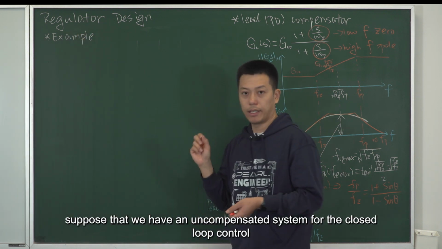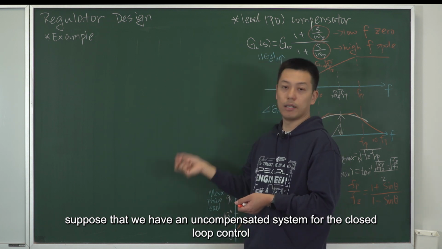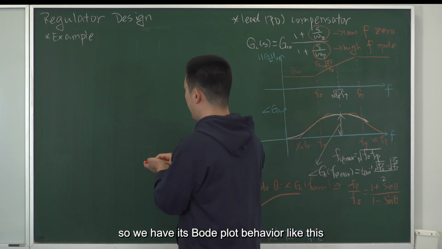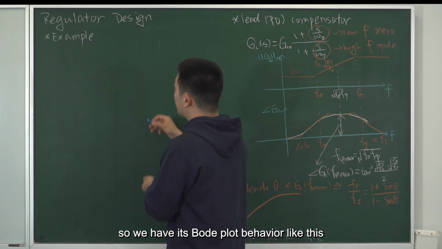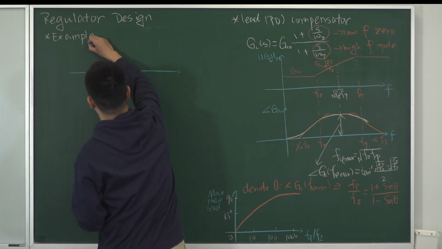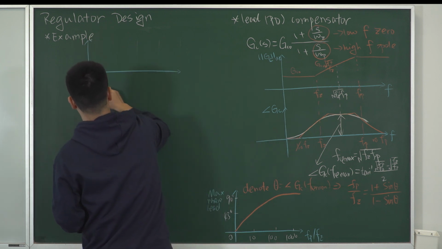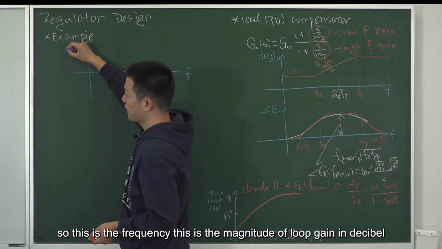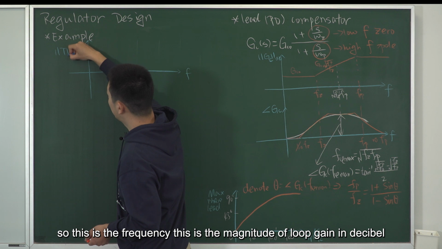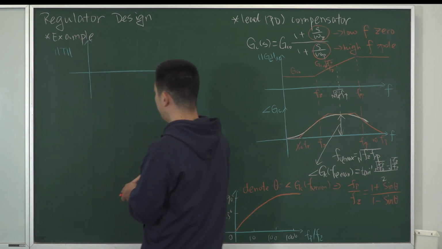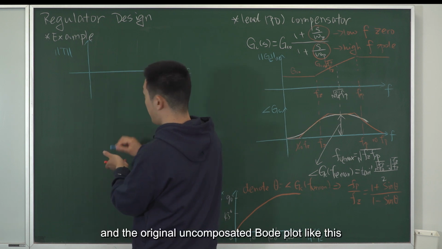Suppose that we have an uncompensated system for the closed loop control. We have its Bode plot behavior like this. This is the frequency, and this is the magnitude of the loop gain in decibels.